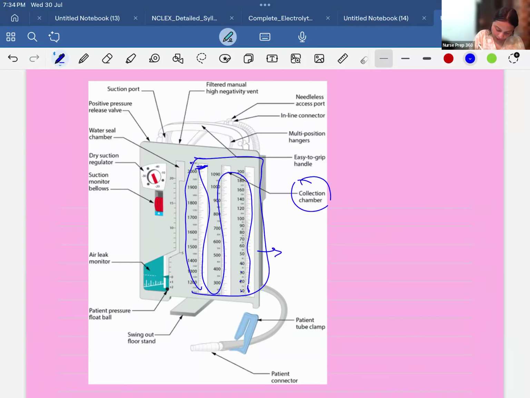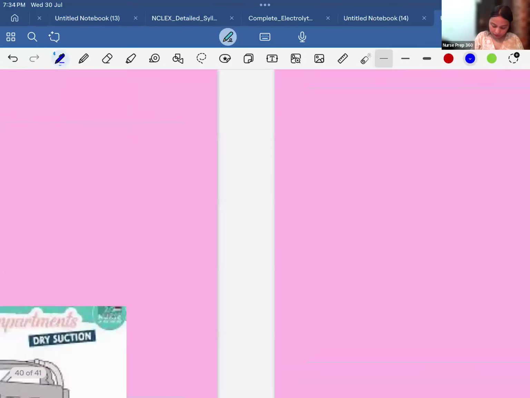Okay. Now, can you see this chamber? Yes, ma'am. This is your water seal chamber. Second bottle about what I have made. You remember the bottle?